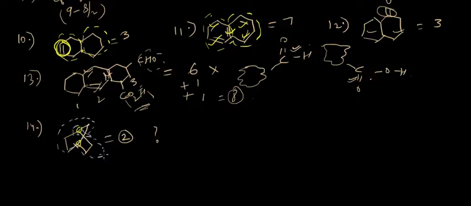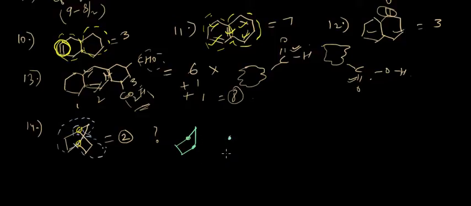this one. Okay, so let me redraw the ring so that it becomes more clear to you. So the first ring was, these were the 2 carbon atoms, this one, and what was the second ring? The second ring was, okay, let me redraw it with some space.